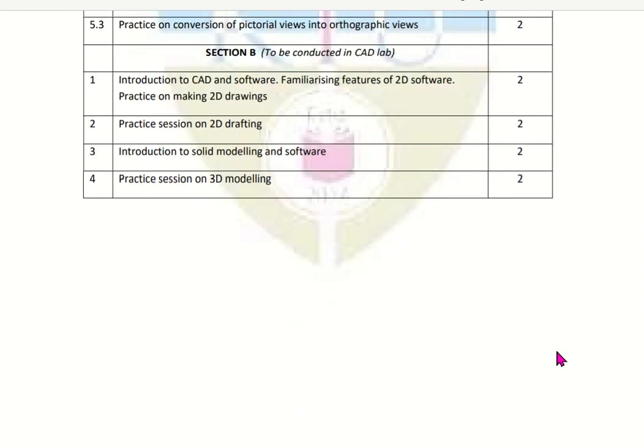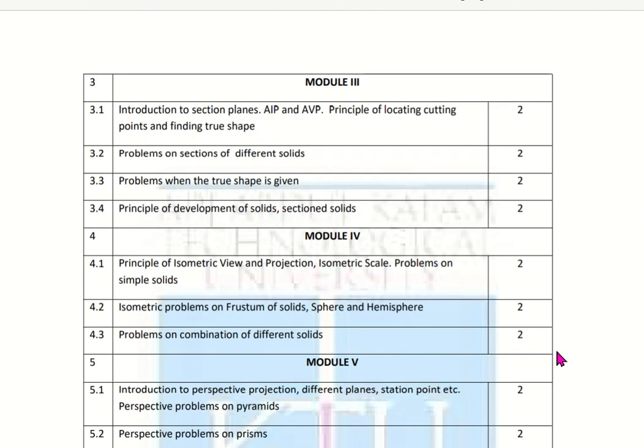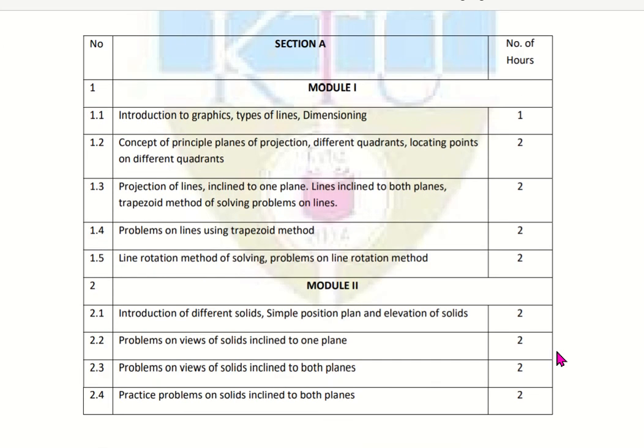So it is very clear how you can complete the course in your 6 months of course duration, including university examination and other time also. So from this class you can understand what the syllabus is, what you are going to learn from this engineering graphics, and what the pattern of the examination is.